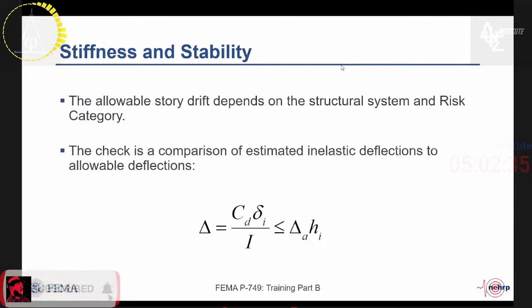Design story drift is determined as the drift delta sub I at each level, determined during application of the seismic design forces, amplified by the coefficient C sub D to account for the effects of nonlinearity, and divided by the occupancy importance factor I, and that must be less than the allowable story drift as given in section 12.9 of ASCE 7.